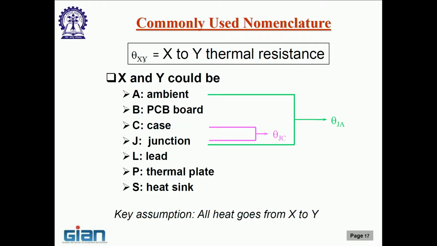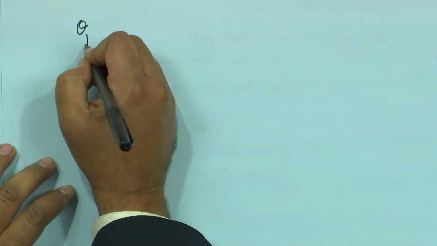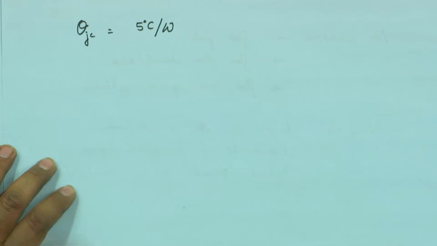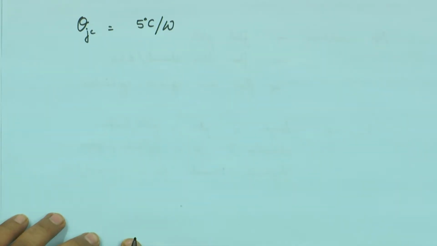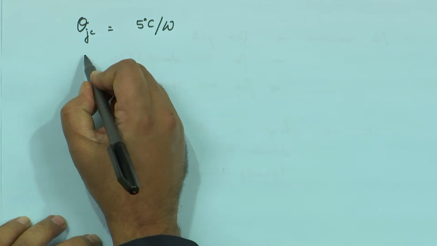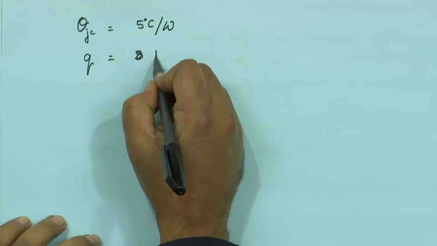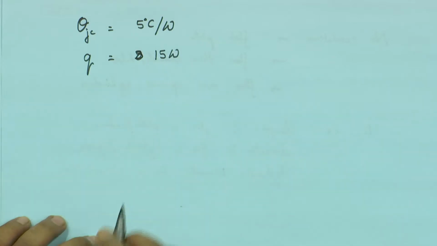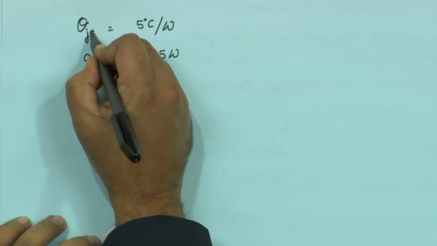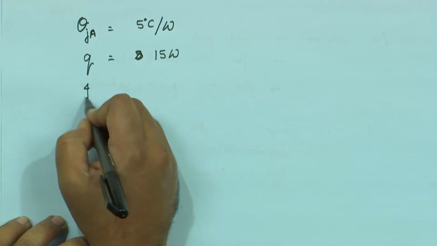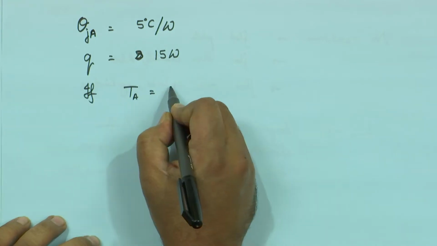In a practical problem, suppose I give you a problem where theta JA is 5 degrees C per watt, and I am dissipating, let us say, 15 watts total Q. And T ambient is 25 degrees.